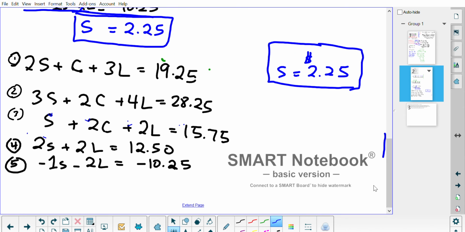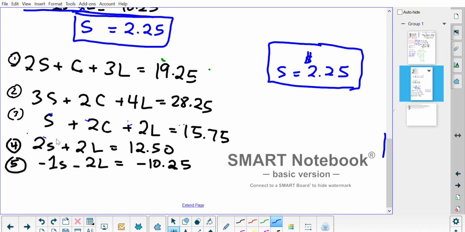Now, some of you might be saying, well, I'm used to just plugging into our original 3 equations. But the problem is here, once you substitute those s's, you have those c's and l's to worry about. You don't know what any of those are. So I'm not going to put in the original 3 because that's too many variables to work with. I want to put it in with the least amount of variables so I can get one variable by itself.